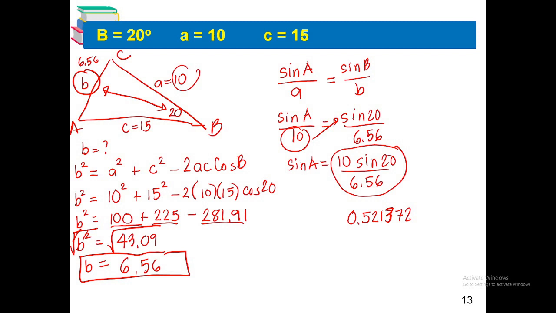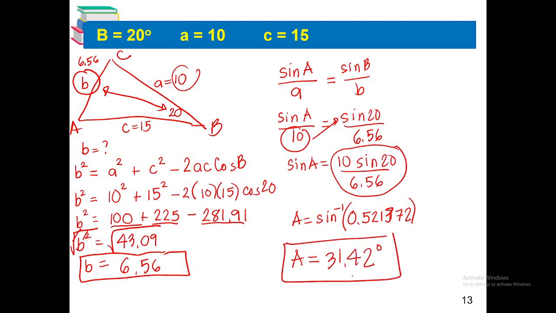So angle A is equal to sine inverse. Give me the answer in 2 decimal places now. 31.42 degrees. Now that we have angle A, we can solve angle C using 180.